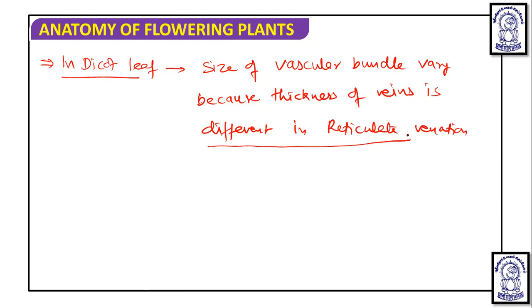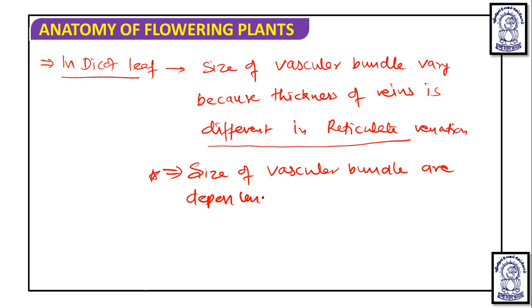Because the vascular bundles are located within the veins. So we can say the size of the vascular bundle is dependent on the size of the veins.